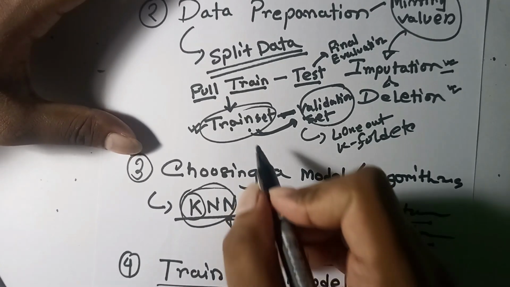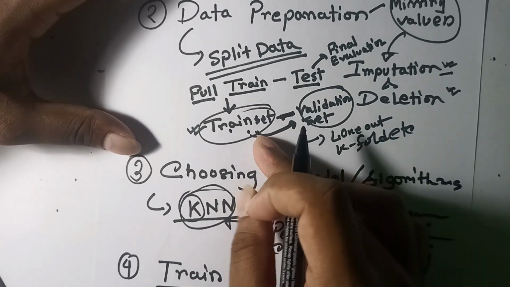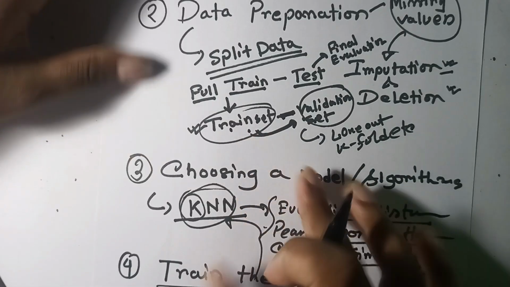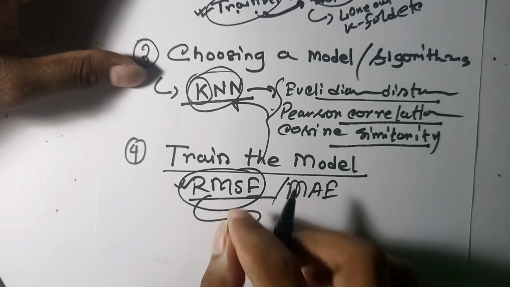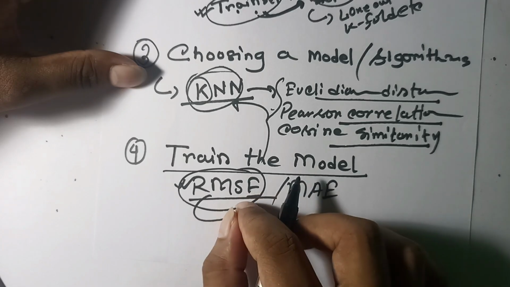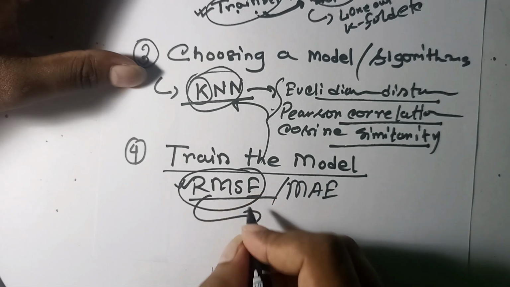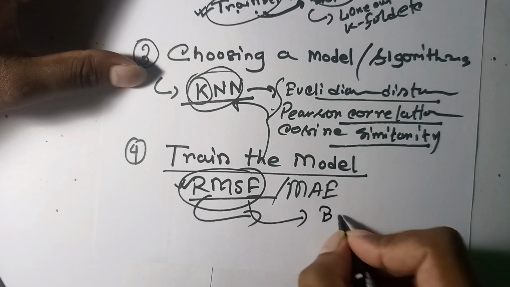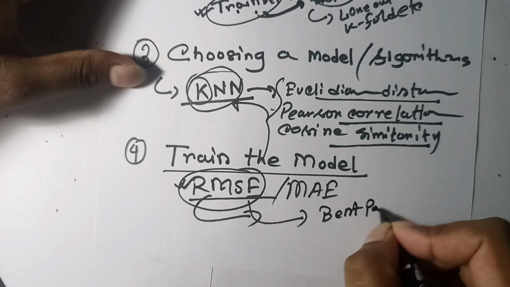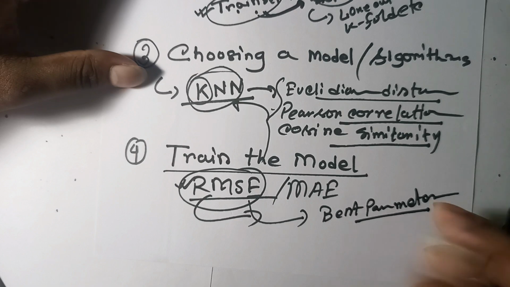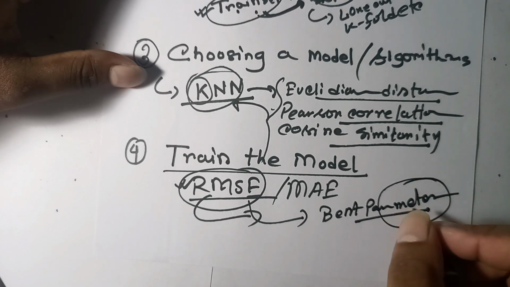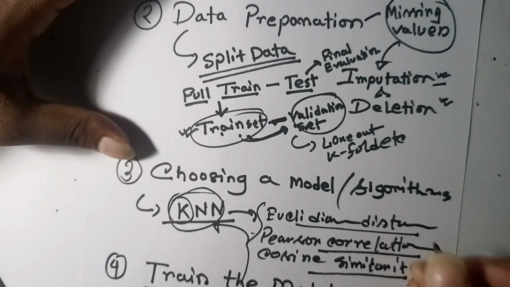So each time I train the model, I will find this RMSE value. The lowest RMSE that I get, I will select that best parameter. And based on our best parameter, we will train our model again.